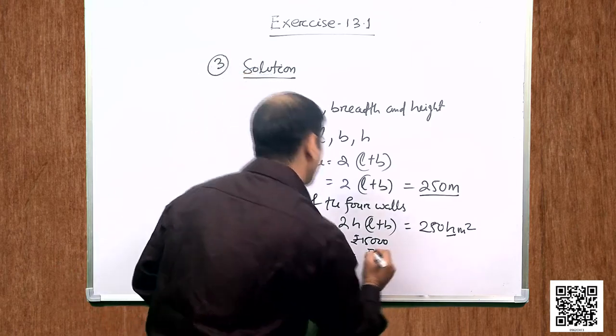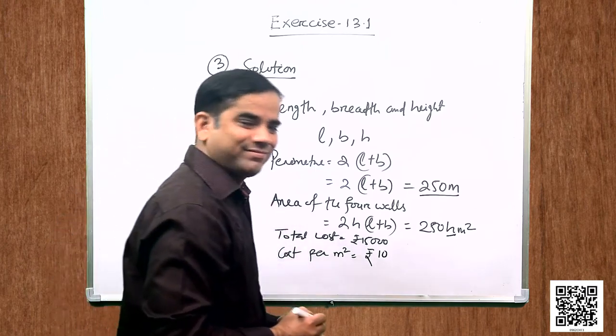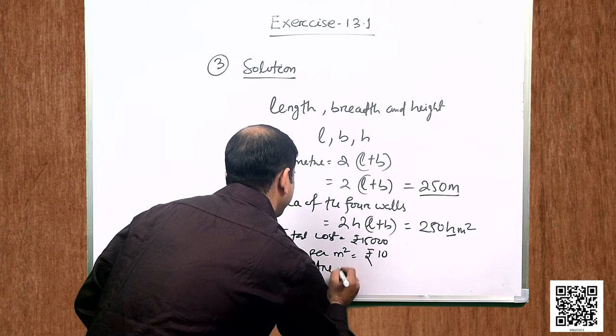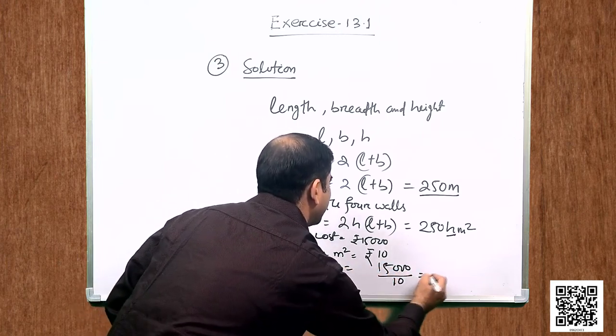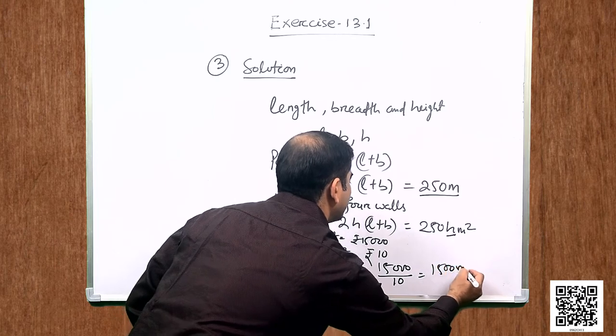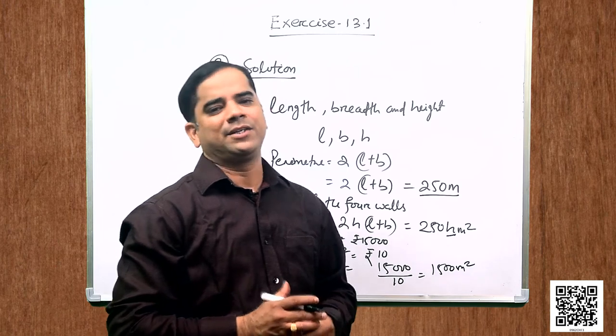So from here we can find out the area. Area is equal to 15,000 divided by 10, that is 1500 meter square, isn't it? So it is 1500 meter square.